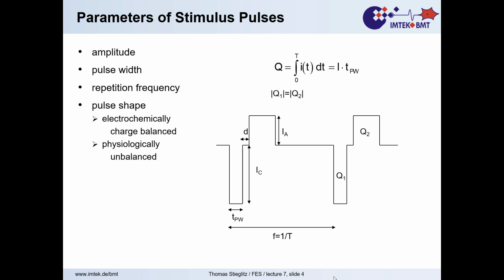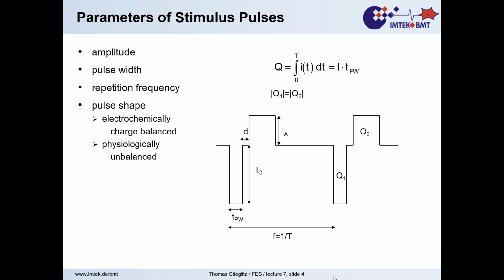So we have an amplitude, we have a pulse width. And quite often you can agree that the amplitude is the amplitude. There is sometimes a different way of using the pulse width in medicine. In medicine, they believe the pulse width might be the cathodic plus the anodic phase. This is what you have to ask then.